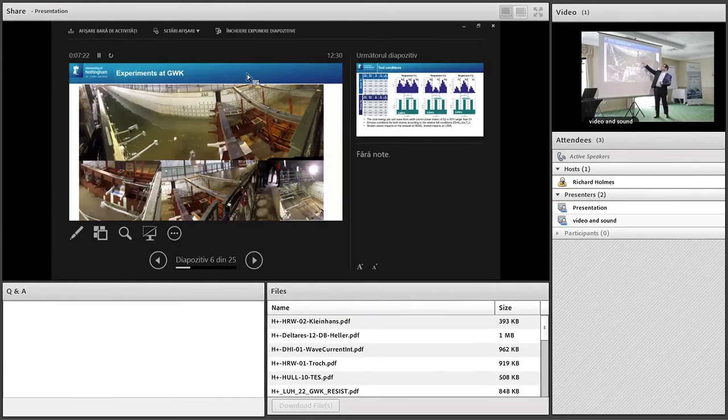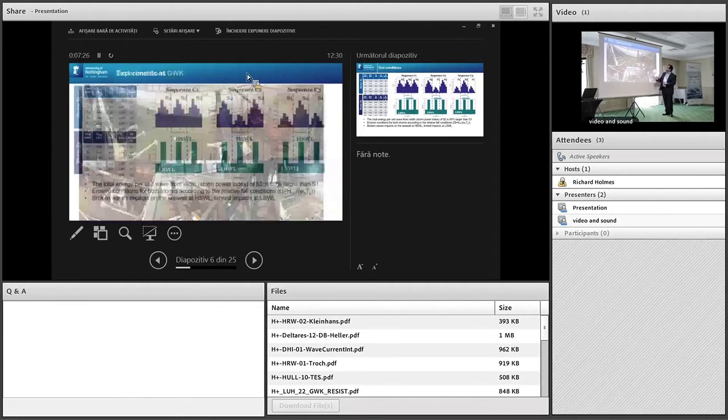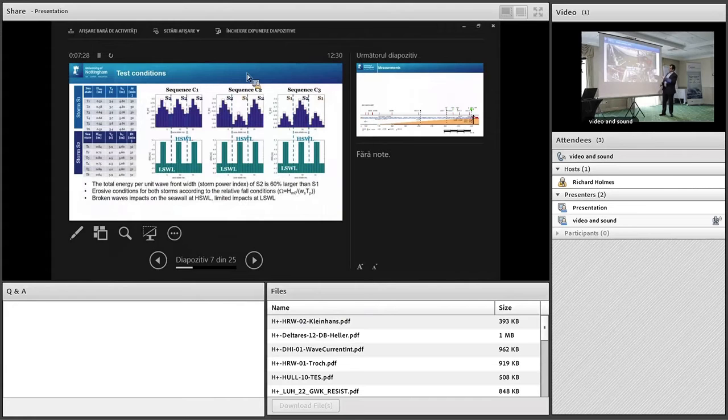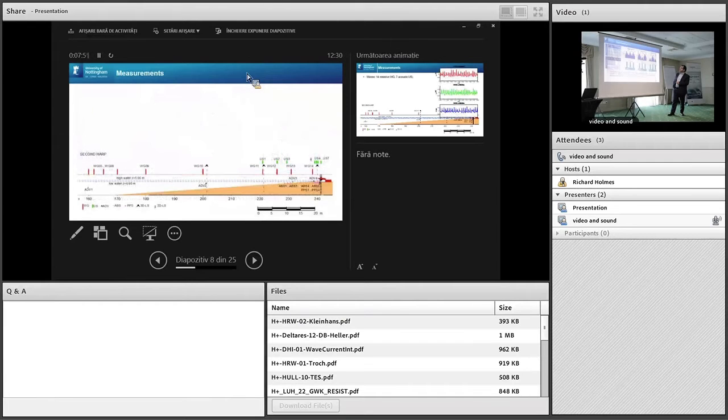Water was collected from the top of the seawall back into the tank, and there was a pump that you can see here that allowed the water to be removed from the tank during the more violent overtopping events. A combination of laser scanner in dry conditions and a mechanical profiler was used to measure the profile of the bed.